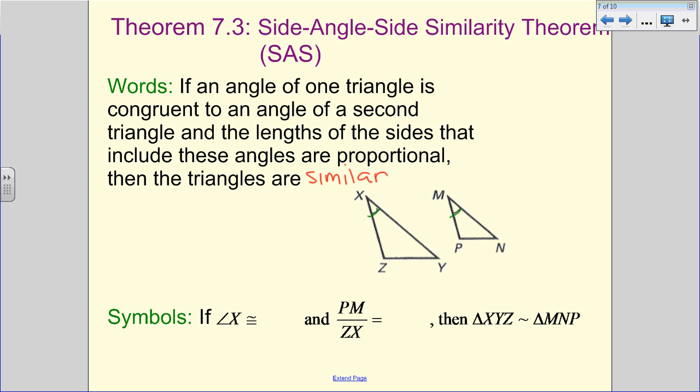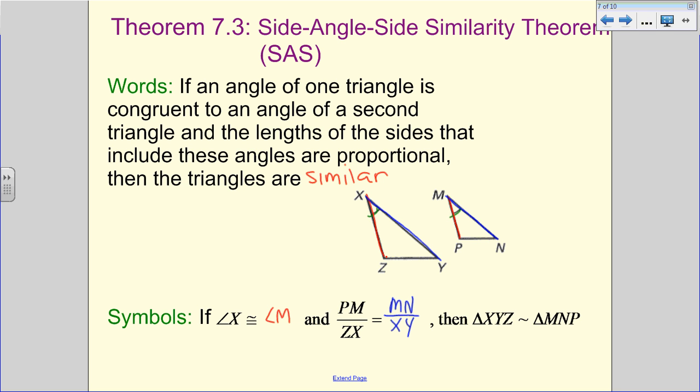So what does that mean in words? Well, if angle X is congruent to angle M, that's what we saw, and then the ratio of PM to ZX equals the ratio of the other included side, MN over XY, we notice the red and blue sides circle around, they include, they close in, they corner the green angle.